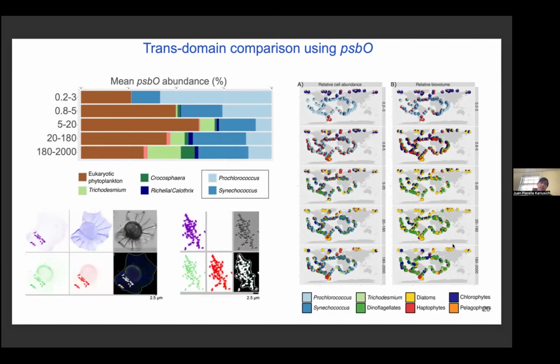And we ended up detecting a high abundance of these images that correspond to picocyanobacteria symbionts in dinoflagellates. You can see from the size bar that the size is consistent with picocyanobacteria.